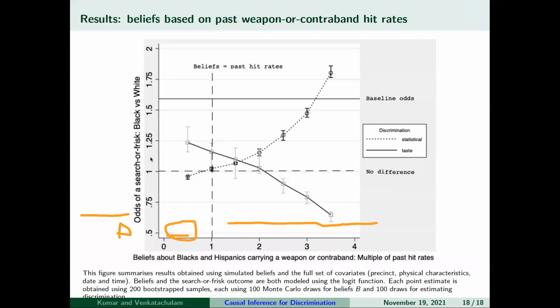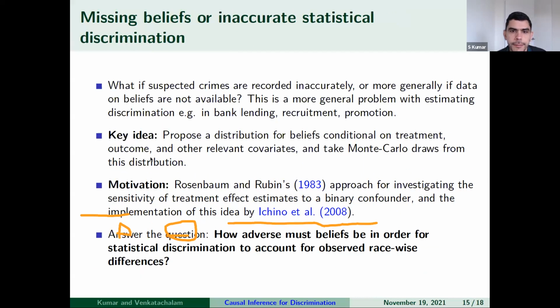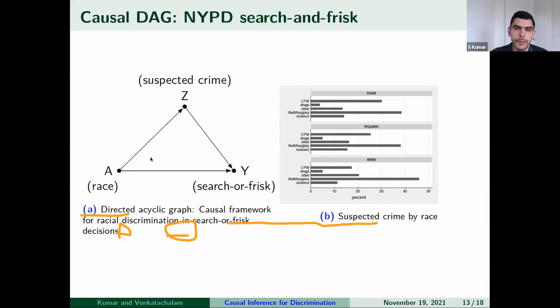Yeah, I had one clarification, which is that when you are jacking up the M to increase the statistical discrimination, why must the taste discrimination estimates fall? So, if you look at this picture over here, basically when you're jacking up the M, you are strengthening the correlation between race and suspected crime, and you're increasing the variation, therefore, in suspected crime corresponding to variation in race.